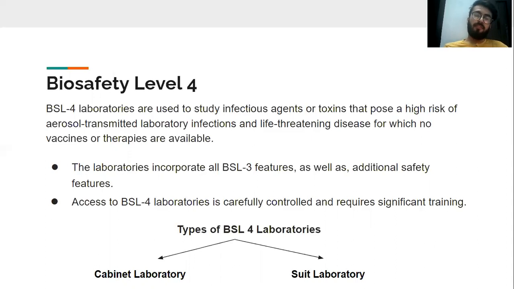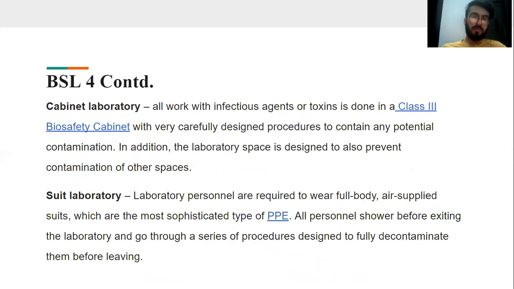Now the BSL-4, the major high risk of aerosol transmitted laboratory, is divided into two: cabinet laboratory and the suit laboratory. Now discussing one by one, cabinet laboratory: all work with infectious agents or toxins is done in a class 3 biosafety cabinet. Now, biosafety cabinets are also divided on the basis of risk, that is class 1, 2, 3, and 4, with very carefully designed procedures to contain potential contamination.